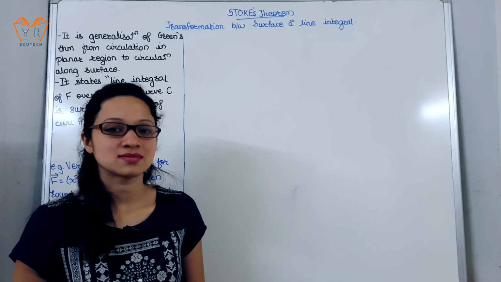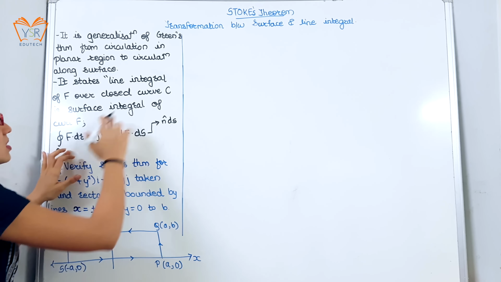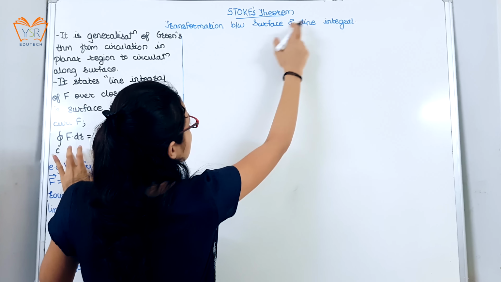This we had seen previously, where n cap is the unit normal vector. So this is the transformation between surface and line integral.